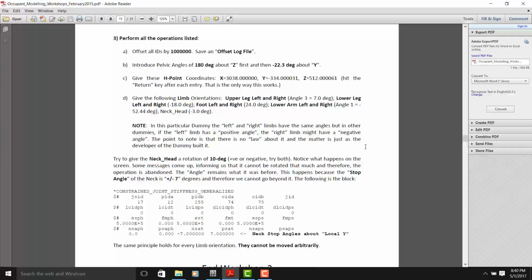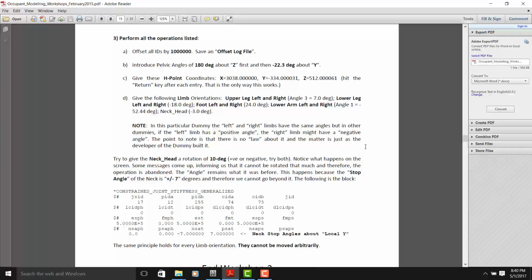The main point here is that there is no law about it, and the matter is just as the developer of the dummy built it. So in this case, whoever built the original dummy used his own principle, and in some other dummy, people might follow a slightly different principle.